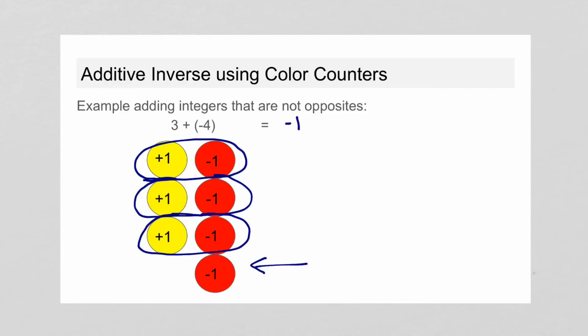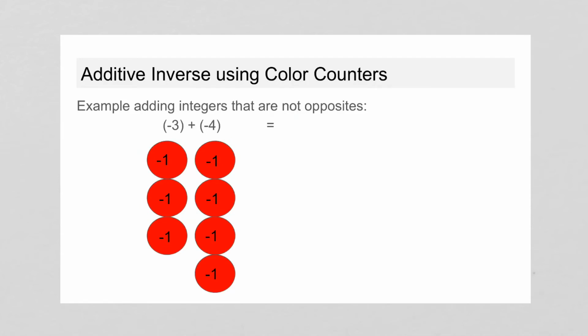So we know that 3 plus a negative 4 is negative 1. And remember, 3 plus a negative 4, you might also see written as 3 minus 4. Either way you look at it, it's the same situation. Those both equal negative 1.